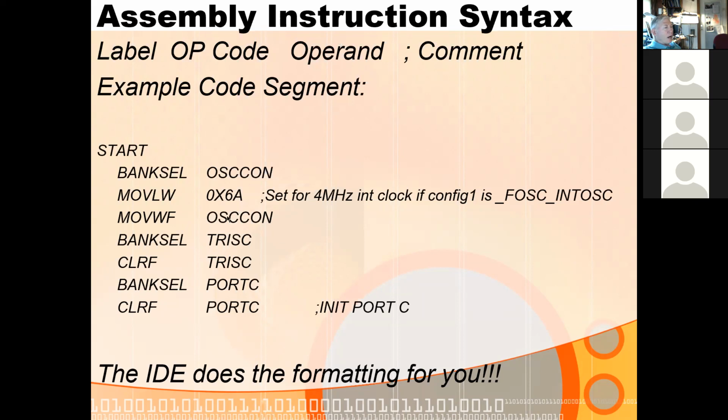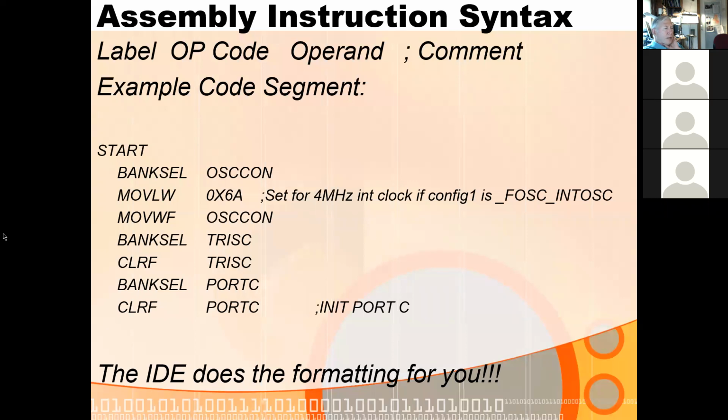In this case, we only have 1 operand here, and that operand is a hex number 6A, which is an 8-bit value of 01101010. That's what it is for the 8 bits. And what it's going to do, it's going to take that value and store it into the W register.